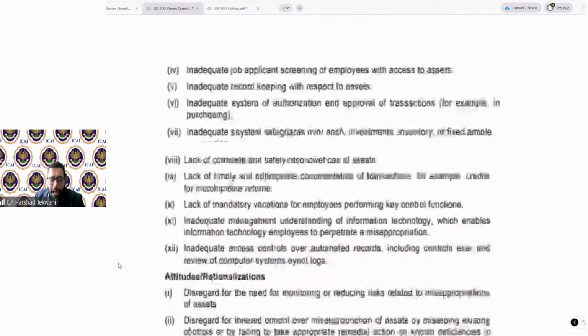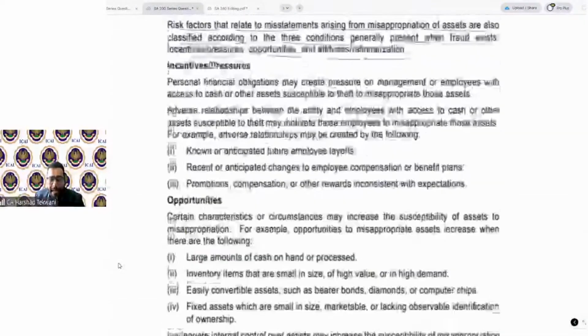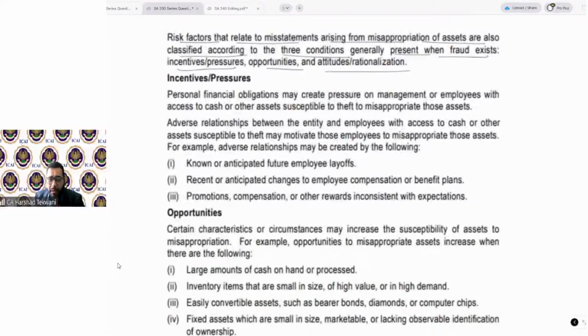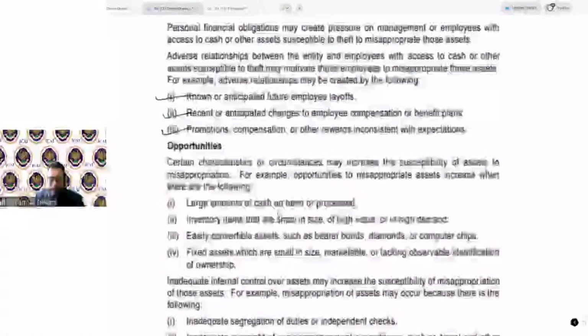Now, you need to guide with respect to these three categories what could be the risk factor. For example, known or anticipated employee layoffs, recent or anticipated changes to employee compensation, promotion, or other rewards inconsistent with the expectations. These are areas which could create incentive or pressure for the employees.